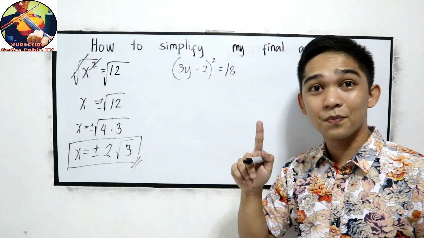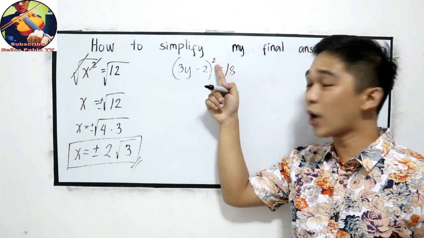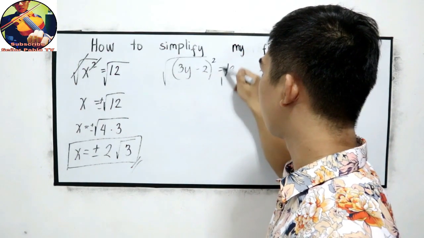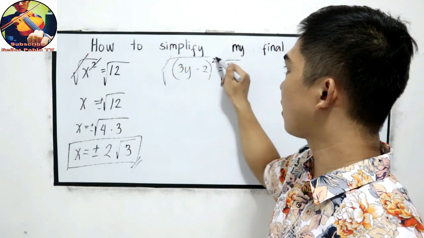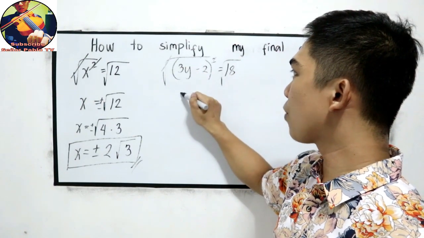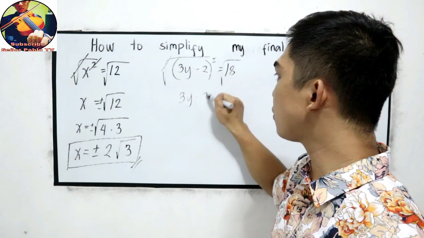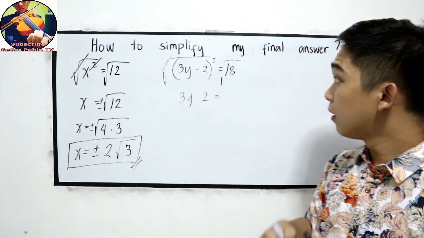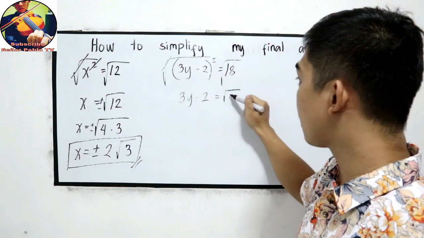Our first step, we need to eliminate the square, so we need to extract the square root. So cancel. Now we have 3y minus 2 is equal to, copy, square root of 18.